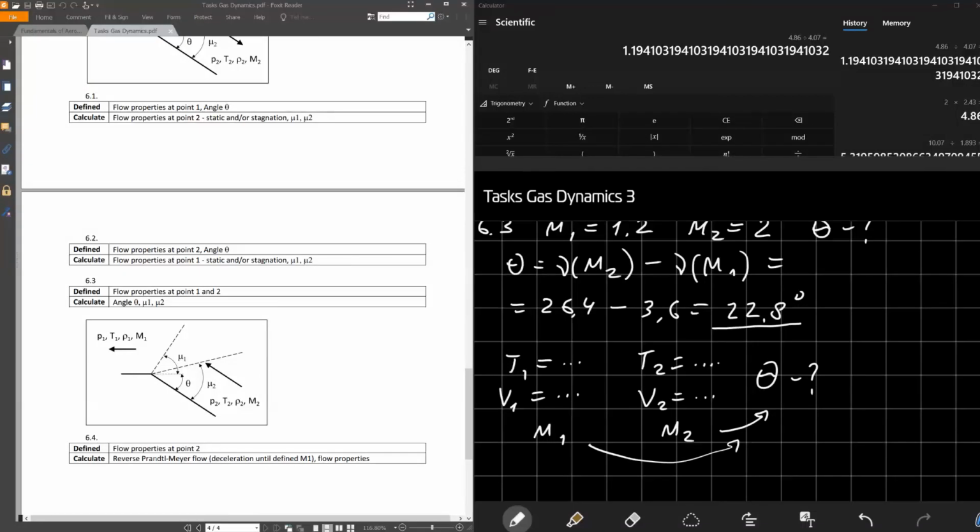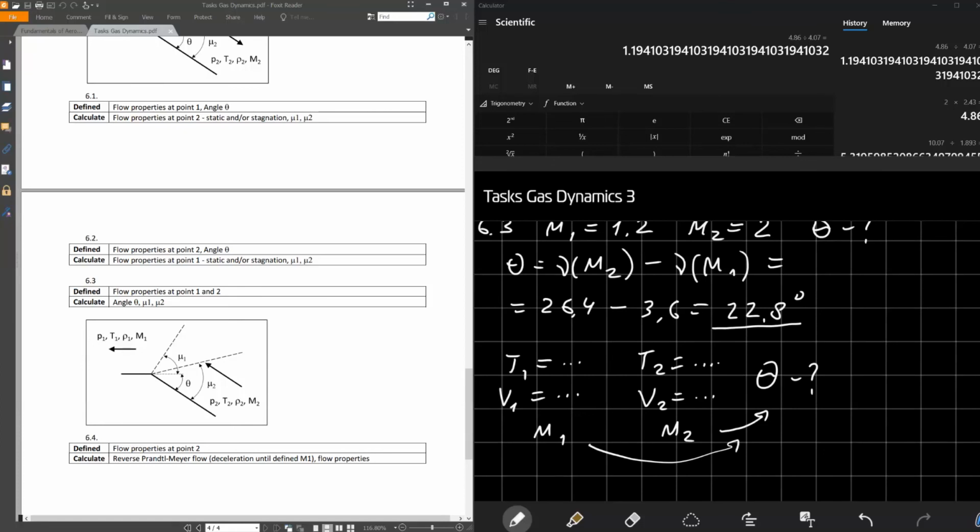Okay, point 6.4 is very similar to the previous points, just flow going in the reverse direction, but all the equations are the same. And here the flow properties will be given at point 2, where the Mach number is higher, and you need to calculate the flow properties at point 1, where the Mach number is lower. The calculation is absolutely the same.